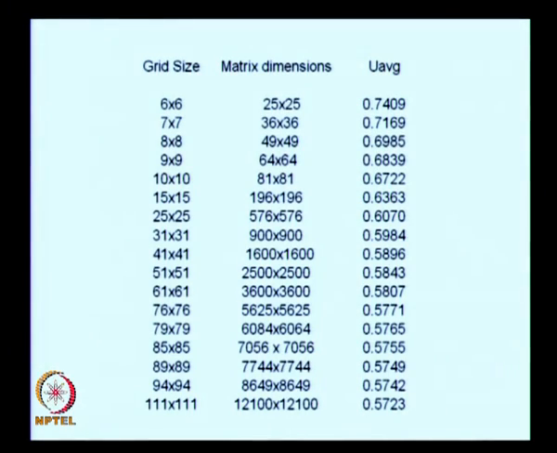Now we come to the computer, and once we have a computer, we can easily program this and get a solution for a large number of grids. And here we have a table which summarizes the solution for different grid sizes. When you have a 6 by 6, 7 by 7, 10 by 10, 50 by 50, 100 by 100, like this.